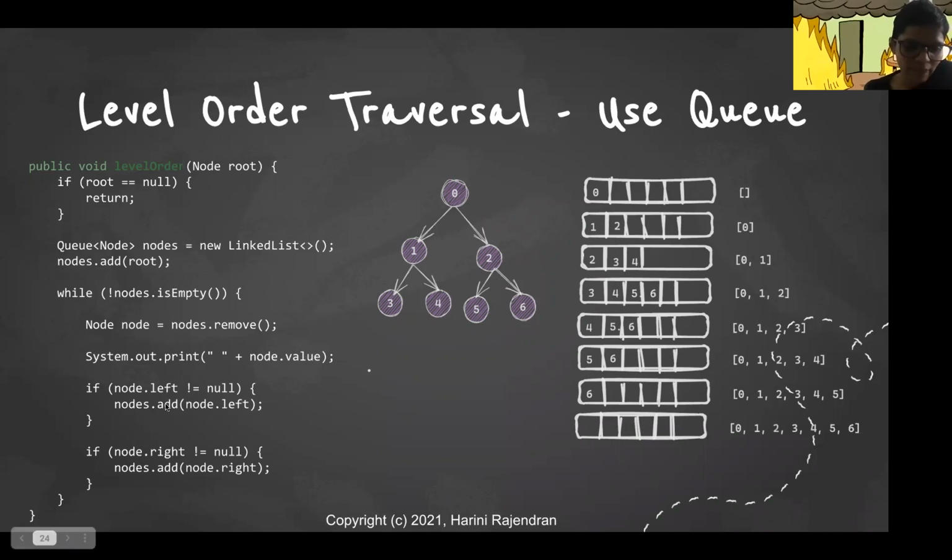Then I add the left and right children of that element back into the queue. We have to keep doing it until there are no more elements present in the queue. So this is an example of a level order traversal of a tree.